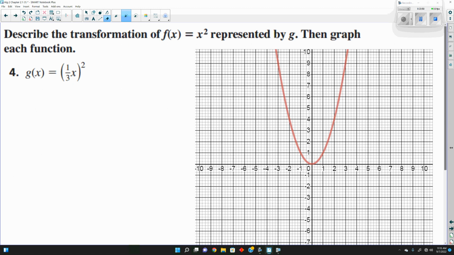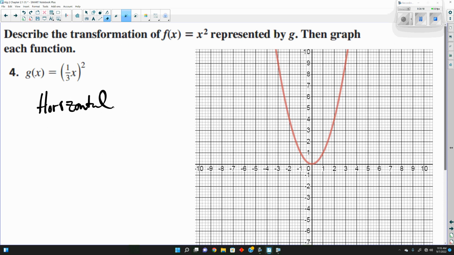So this one here, we only have one transformation, which is the 1/3. Which transformation would that be? And again, if it's helpful to have the general form written down, write it down and match it up.